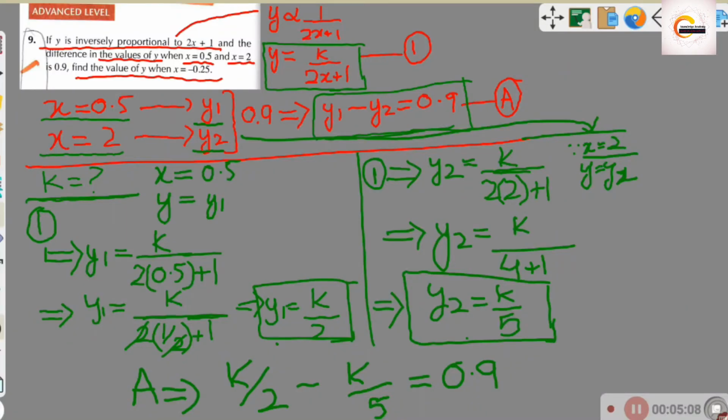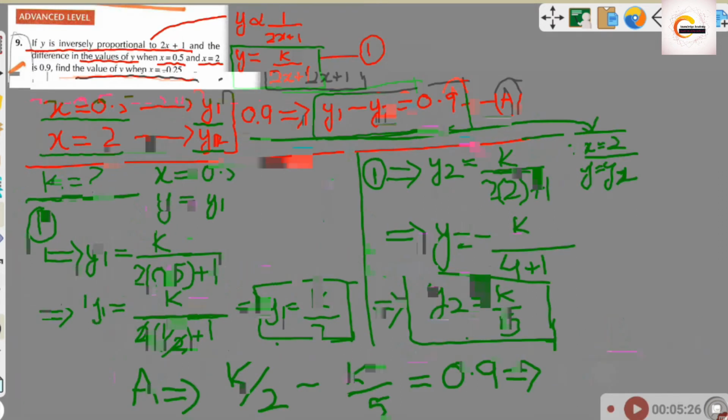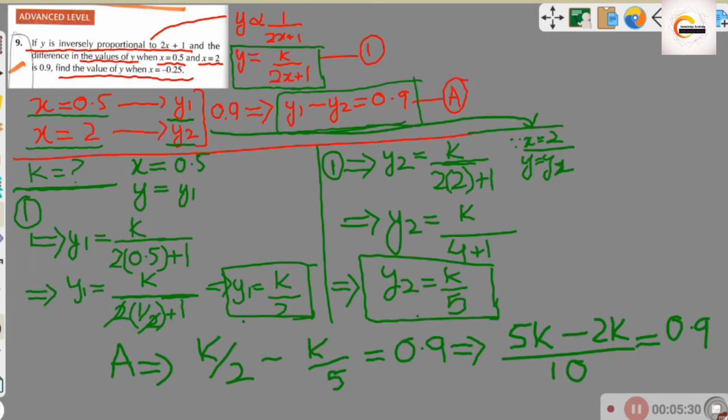Our equation A will become k upon 2 minus k upon 5 is equal to 0.9. And after doing the LCM, you know how to solve these fractions, so I'm not going to explain that. The LCM of 2 and 5 is 10, so 5k minus 2k upon 10 is equal to 0.9.